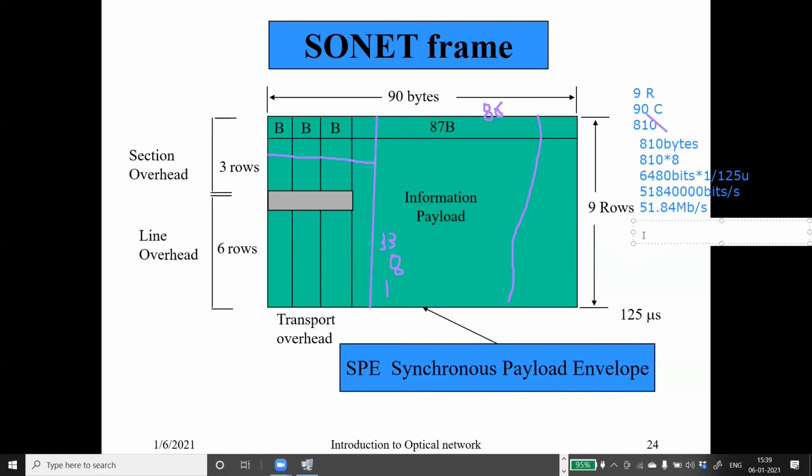Although the frame size is 51.84, the useful or user information is only in 86 columns and 9 rows, multiplied by 8 bits, multiplied by 1 by 125 micro. Tell me what this value is.